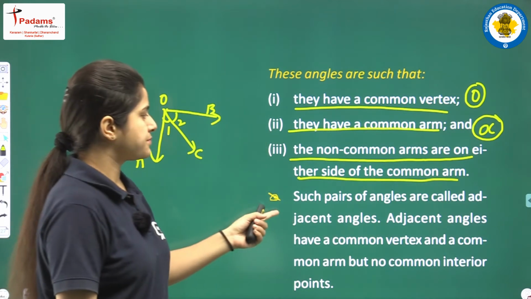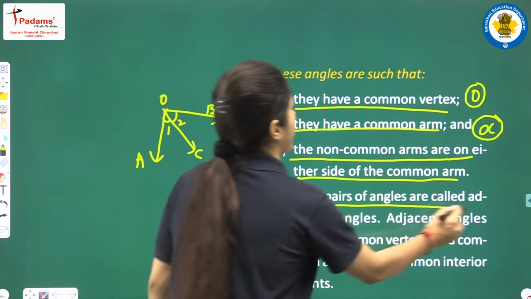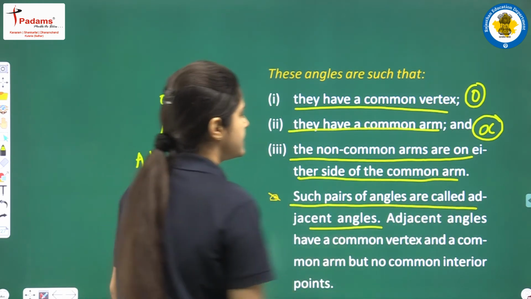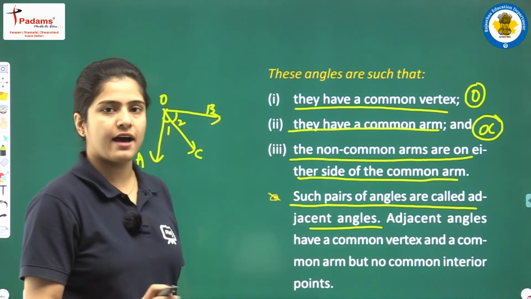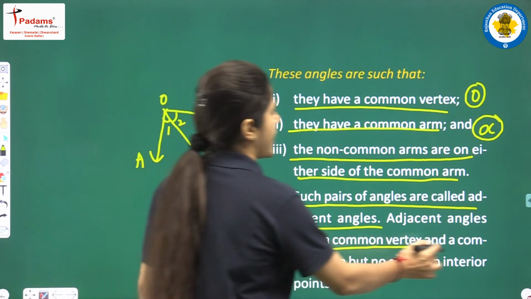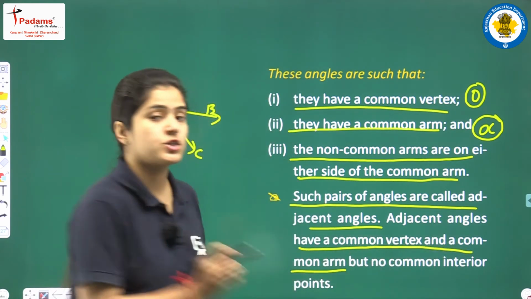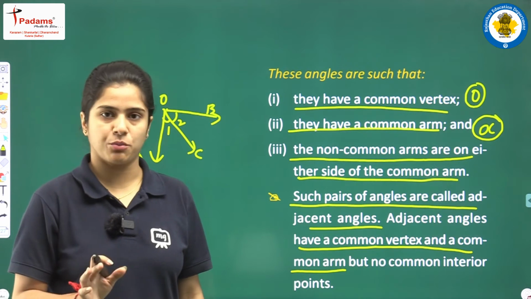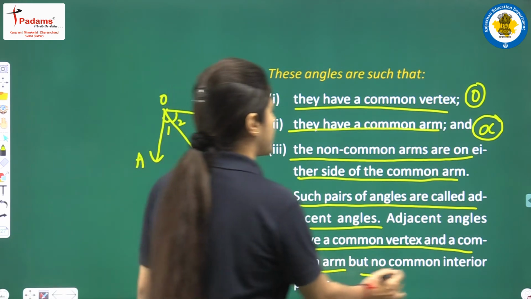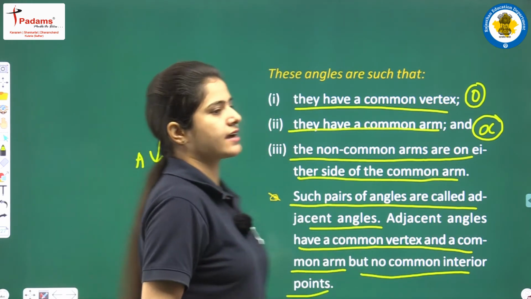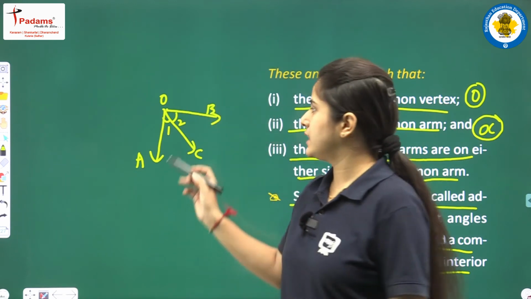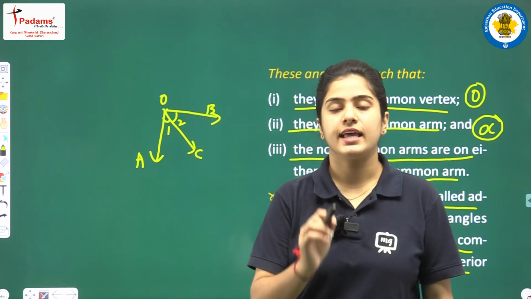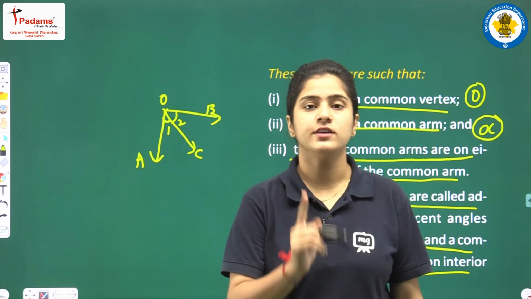Such pair of angles are called adjacent angles. Adjacent angles have the common vertex and the common arm, but they don't have any common interior point. Okay, students. So you have to keep this thing in your mind that adjacent angles are also called neighboring angles, and these are next to each other. Okay, and they have one common arm and one common vertex.